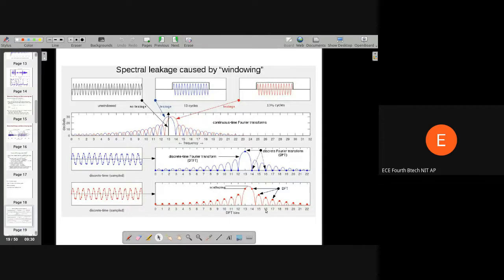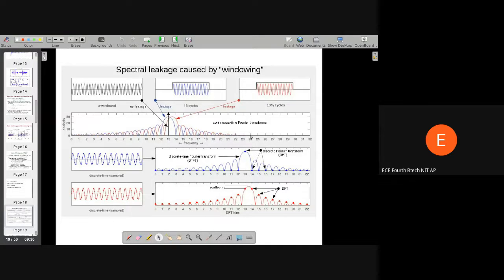If you have a window, see, the sinusoid on the top left corner will give an impulse, that arrow at 13 hertz. When you window it, you take a chunk of it. Now around 13 hertz, that blue color, you will get a peak, but there will also be these side lobes.